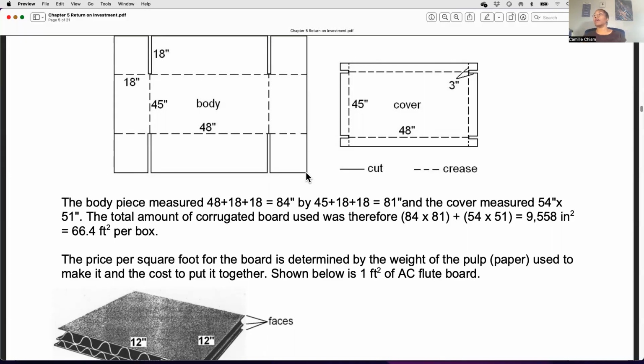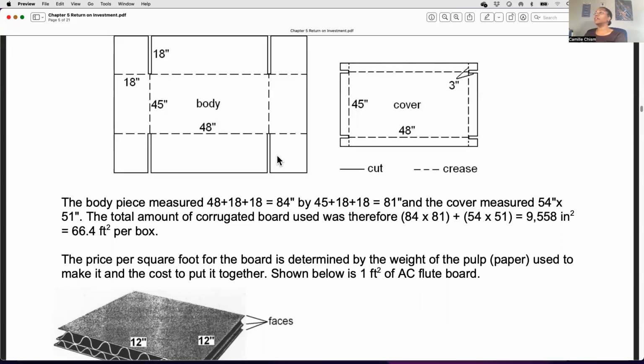For the width, you've got the 18 right here plus 45 plus 18 again. So you've got the 84, which is this, and the 81, which is this.